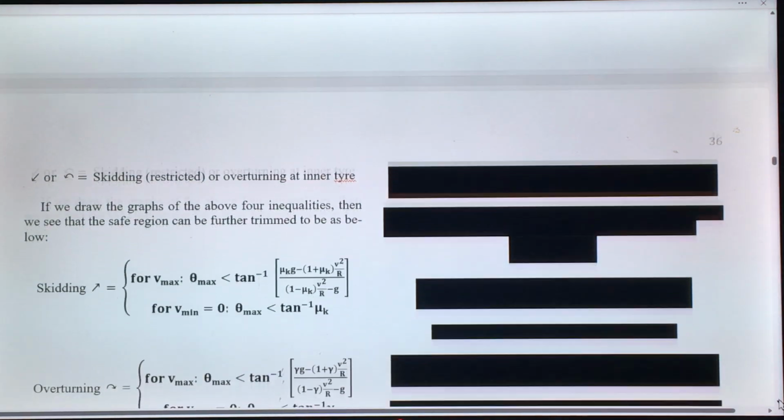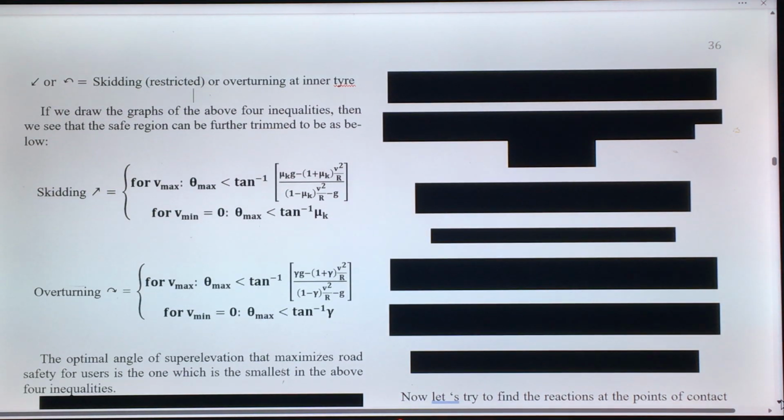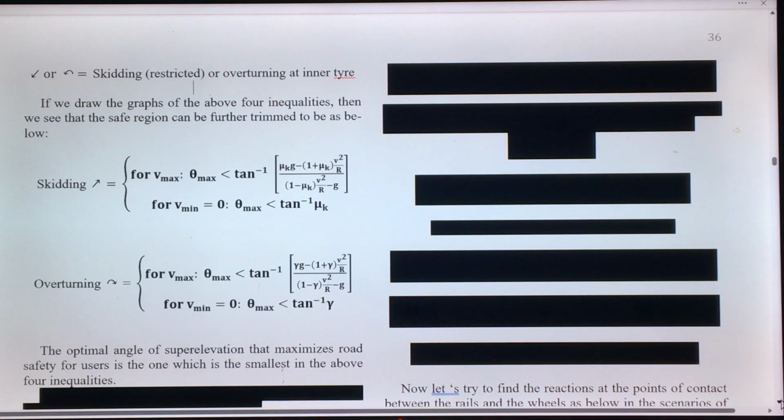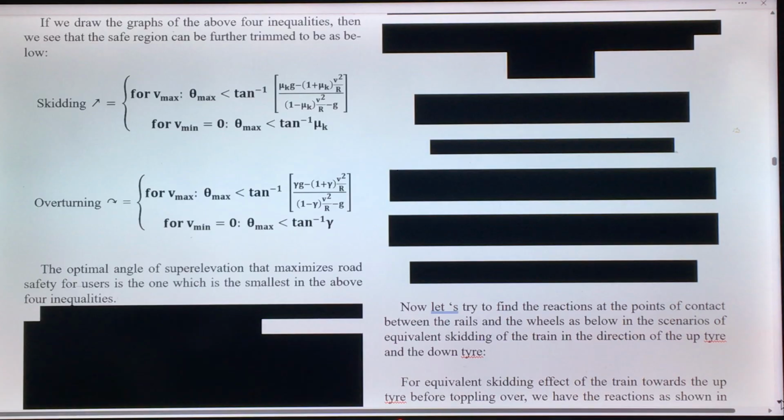So if we draw the graphs of the above four inequalities, then we see that the safe region can be further trimmed to be as below. For Vmax, theta max less than tan inverse. For V minimum equal to 0, tan theta max is equal to tan inverse mu k.